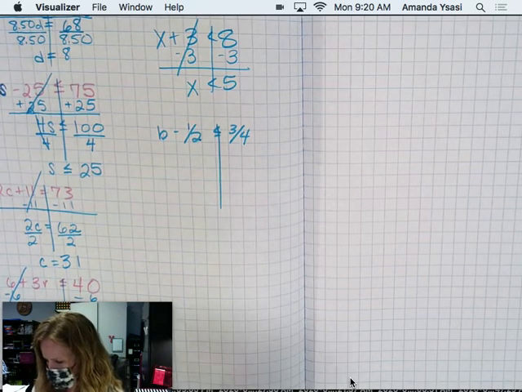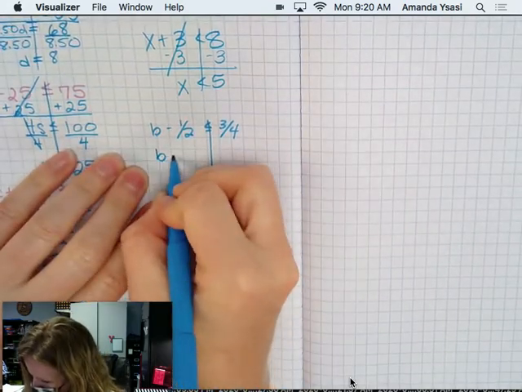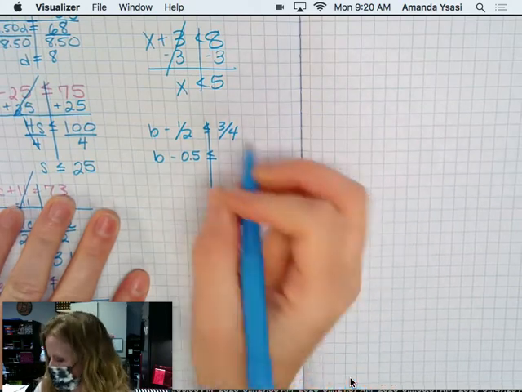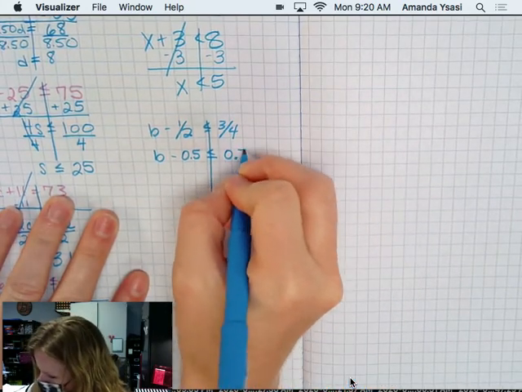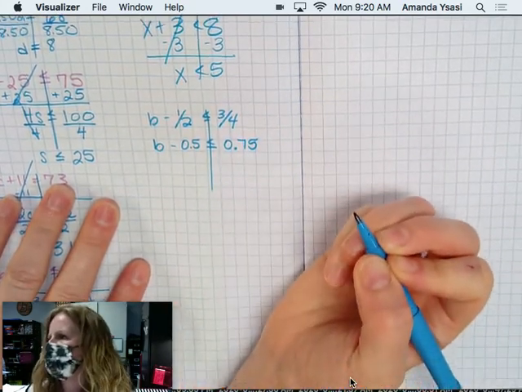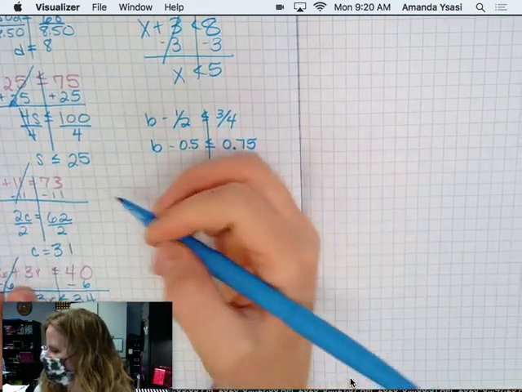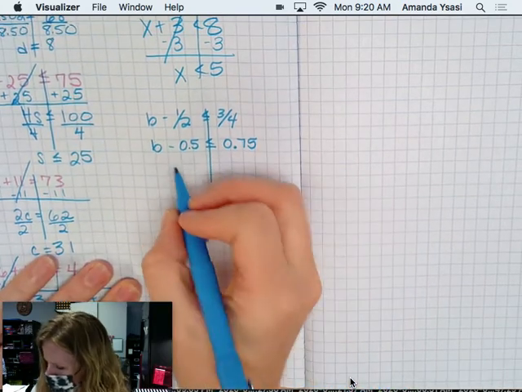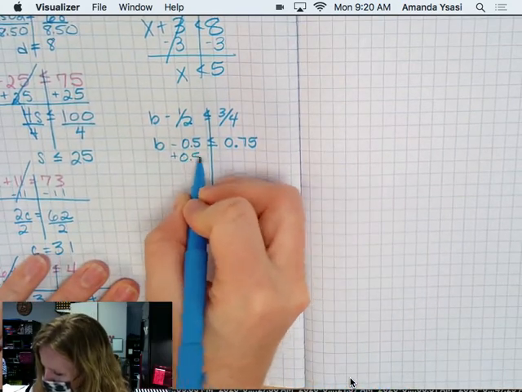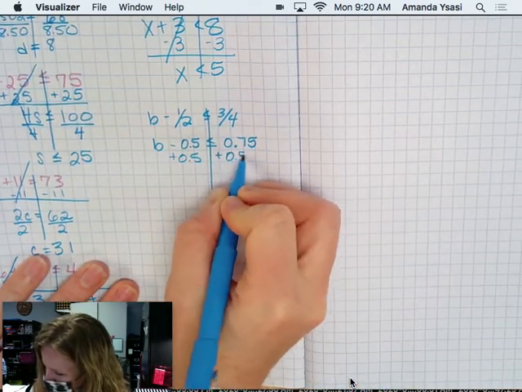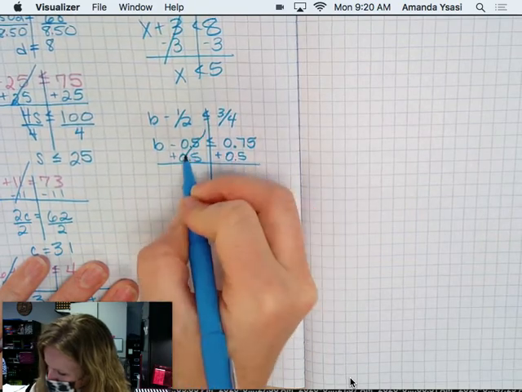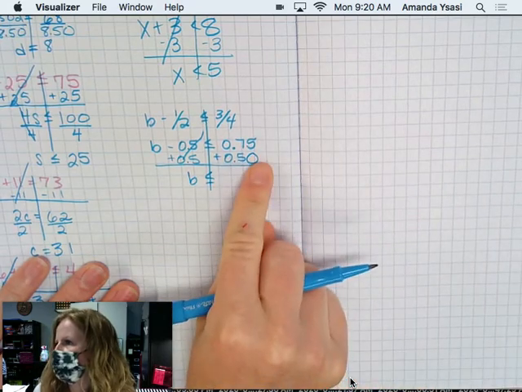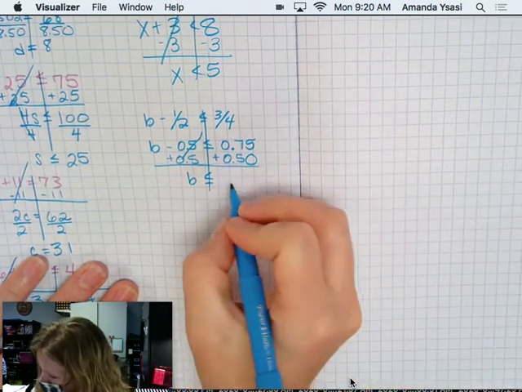Or b minus 0.5 is less than or equal to 0.75. That makes it a little easier. So we know those are easy fractions to convert. And then we'd add 0.5 to both sides. 0.75 plus 0.50 is 1.25.